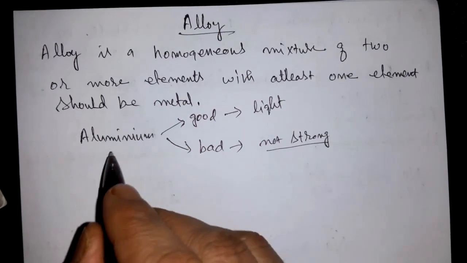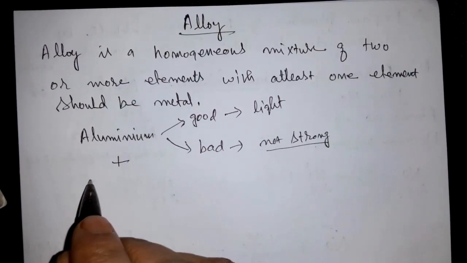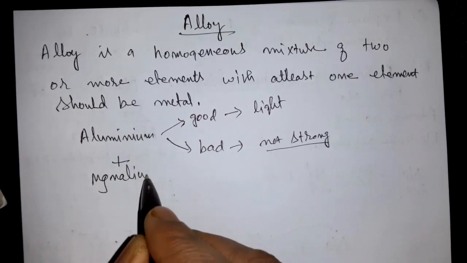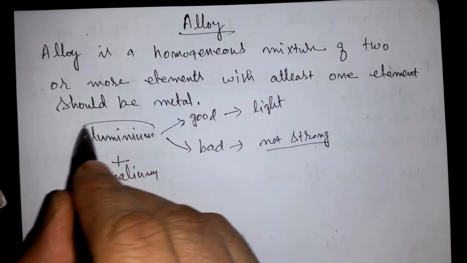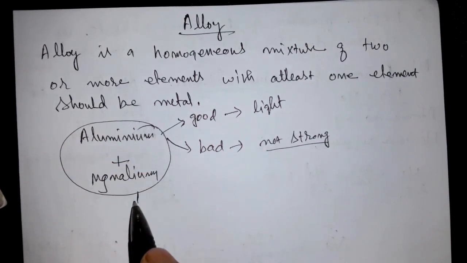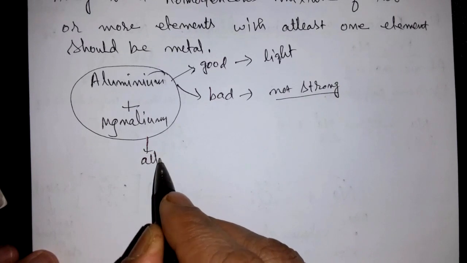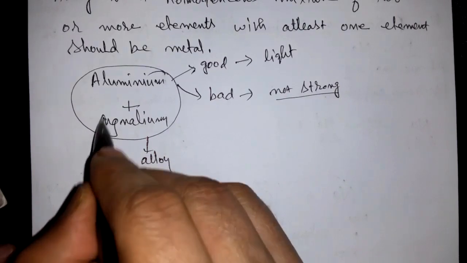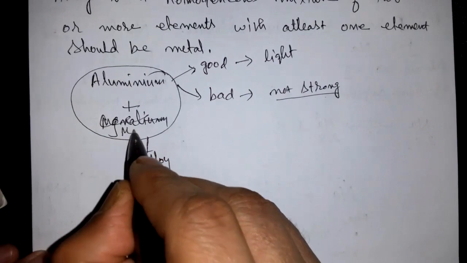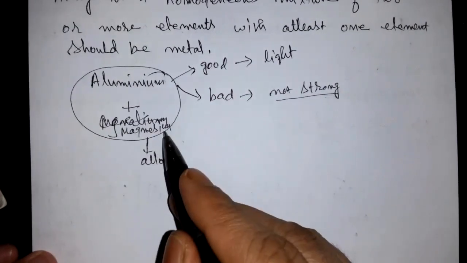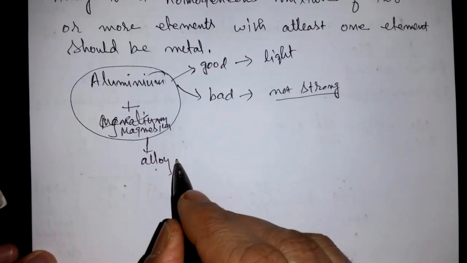To overcome this problem, aluminium will be mixed with another metal called magnesium, and one alloy will be formed.